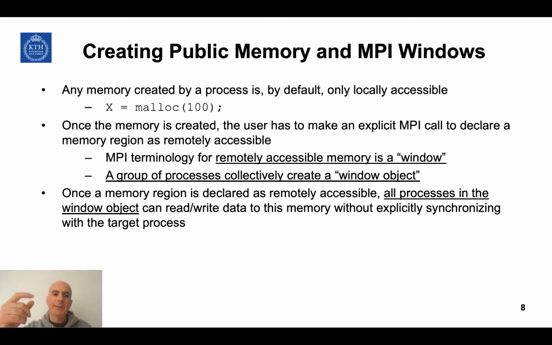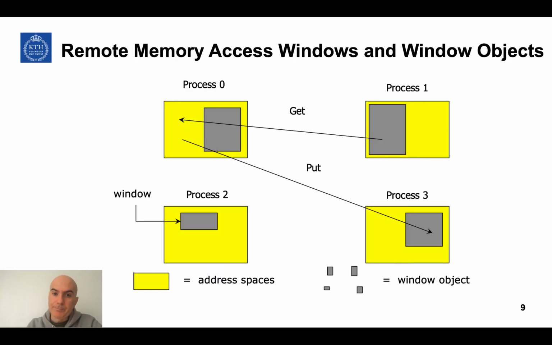Once a memory region is declared as remotely accessible, that means that we have created our MPI window. All the processes in the window object can read and write data to this memory without explicitly synchronizing with the target process.